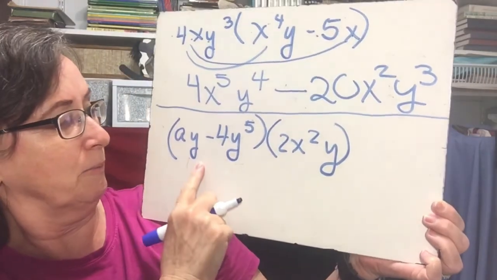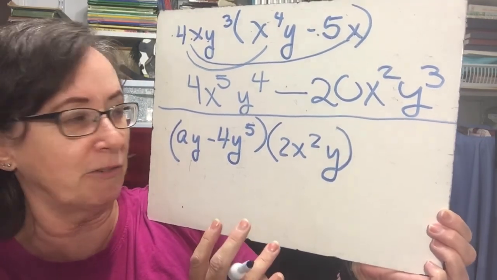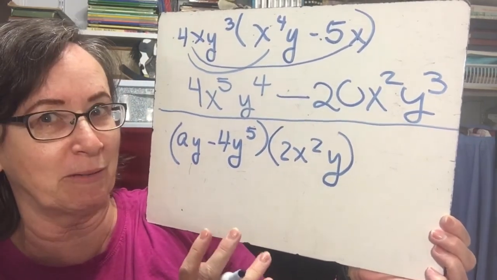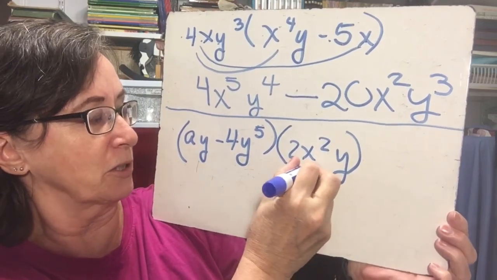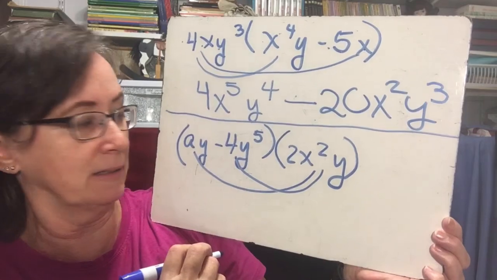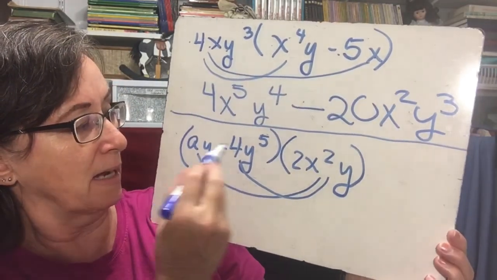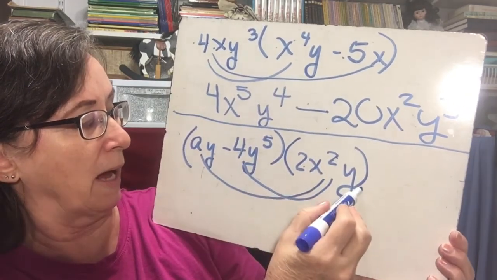So here we have one that looks a little backwards to us. It looks a little funny, but we can distribute backwards. So we're just going to take this one and go here, and this one and go here, and we're going to end up getting a y times 2x squared y.